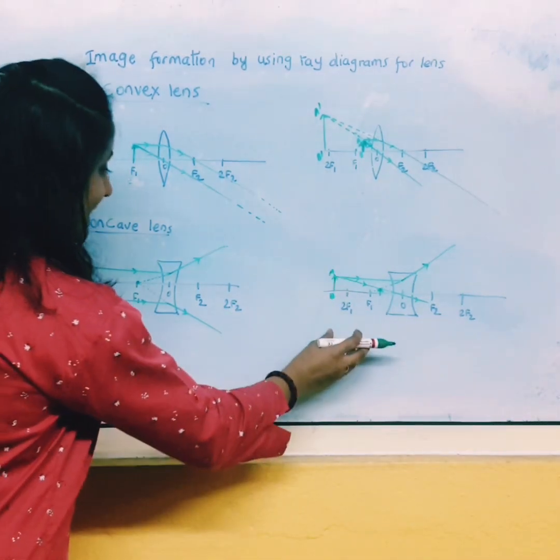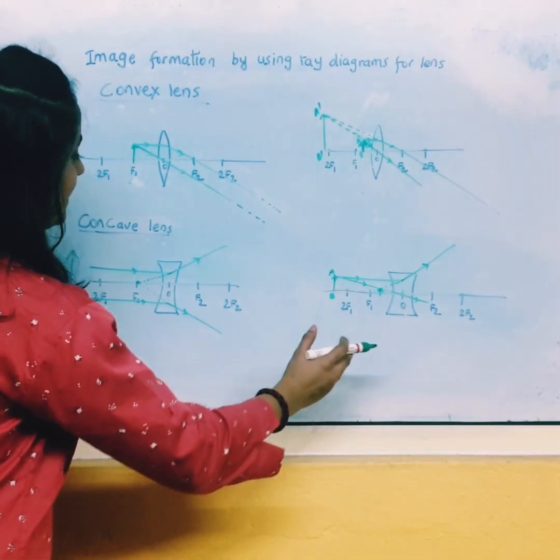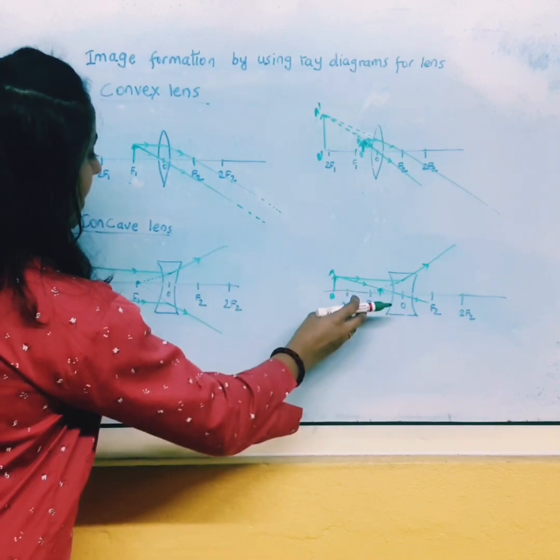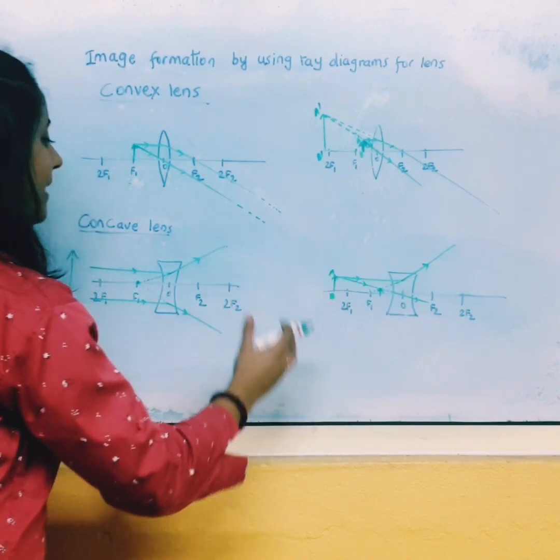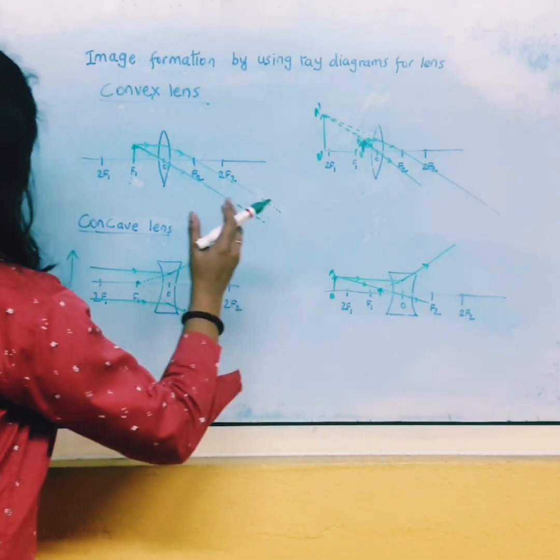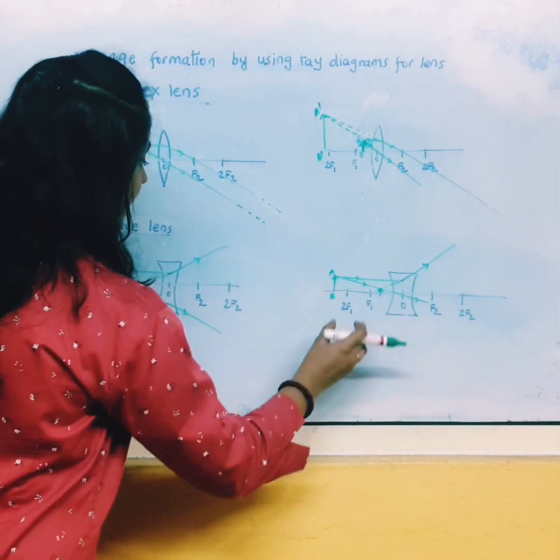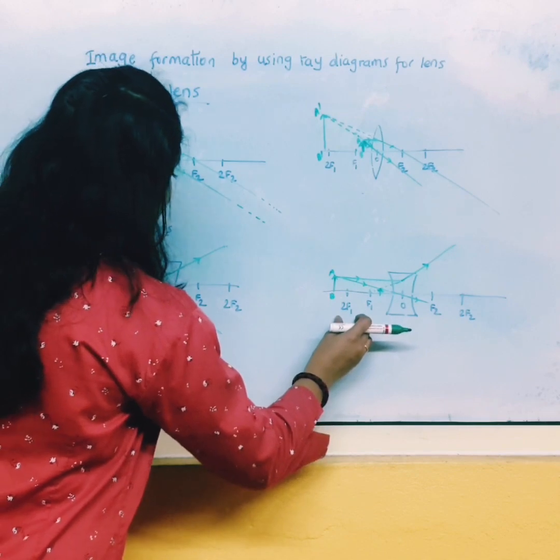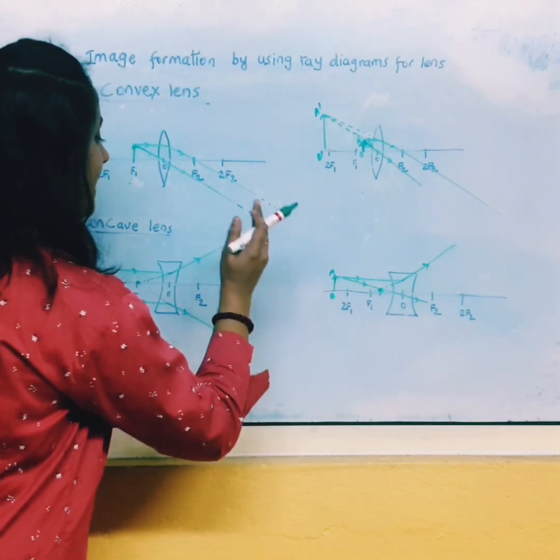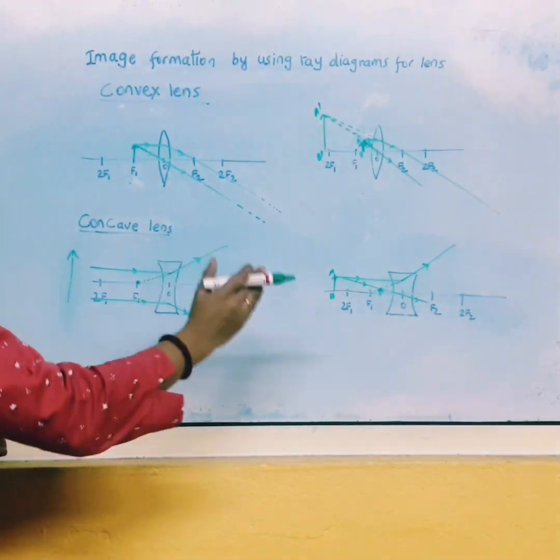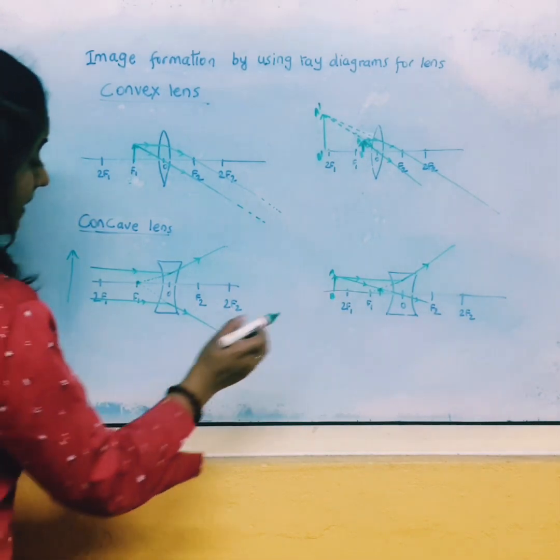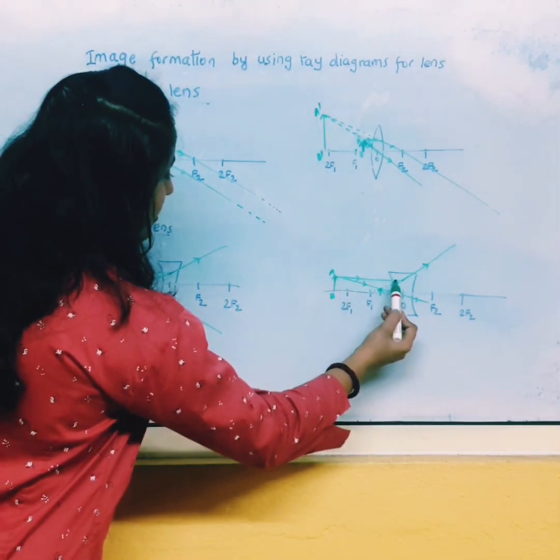Okay. Next case is when the object is kept beyond F1, but this is the case where the object is kept between infinity and optical center. It is not that it is kept just at 2F1. It is the case when the object is kept between infinity and optical center. Okay. So the first ray comes parallel to the principal axis.